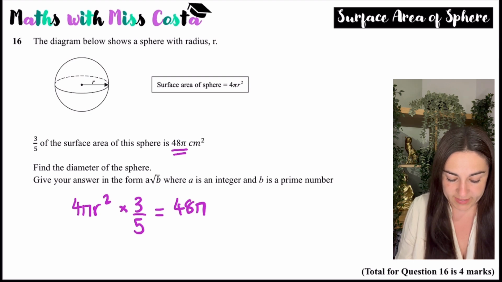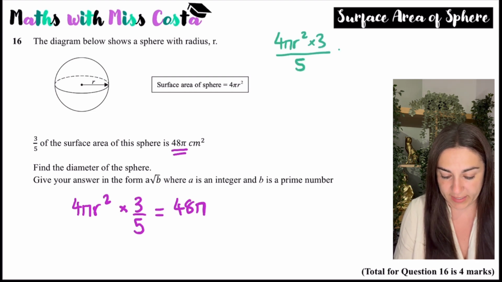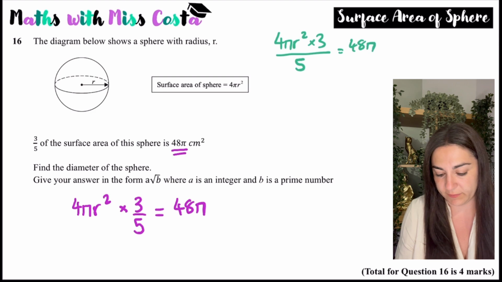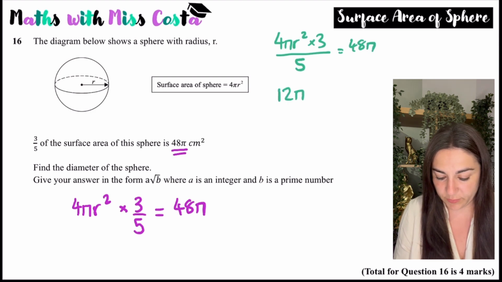What I can do then is simplify this. 4 times 3 is 12, so that would become 12 pi r squared over 5 equals 48 pi.